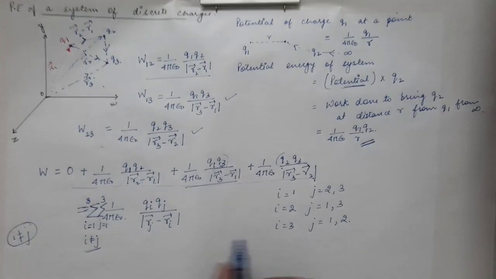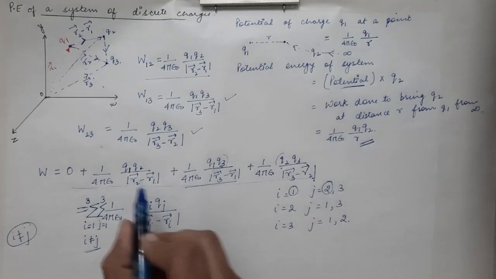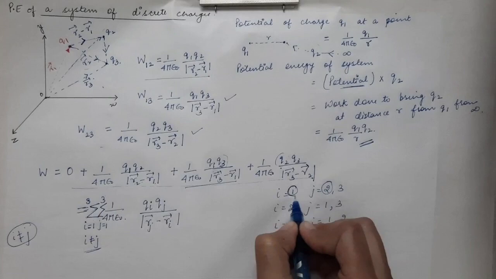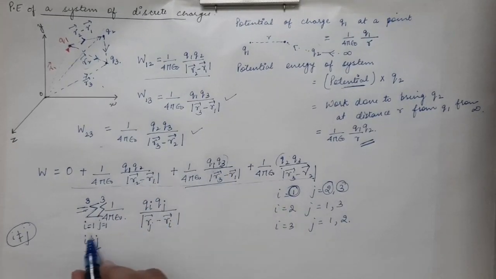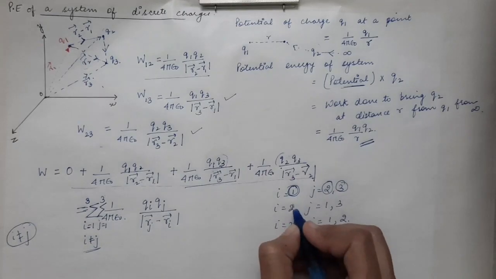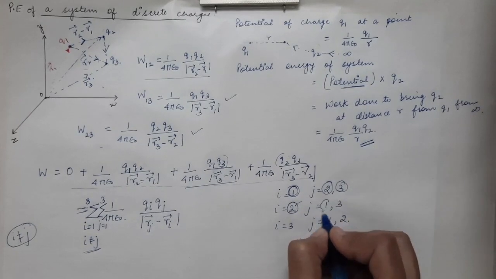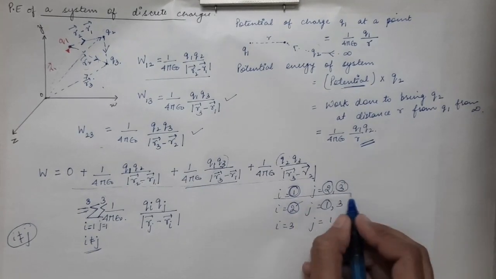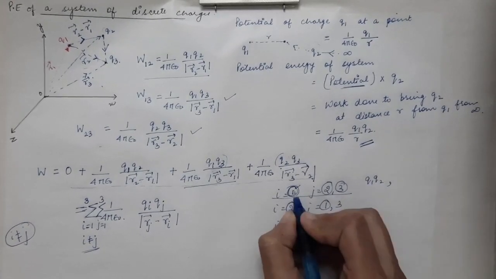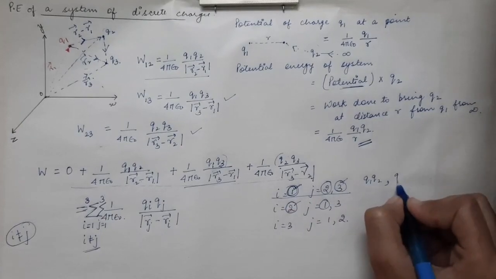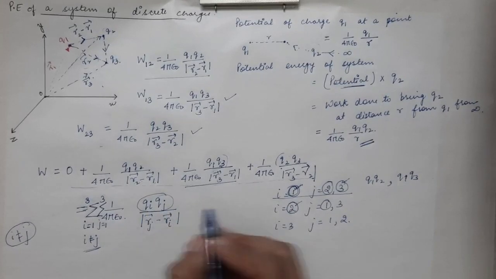So when you open this summation, you will get q1 and q2 as in the first term, then q1 and q3 as in the second term. When you put i equal to 2, you will get q2 and q1. I am just talking about this factor qi into qj.